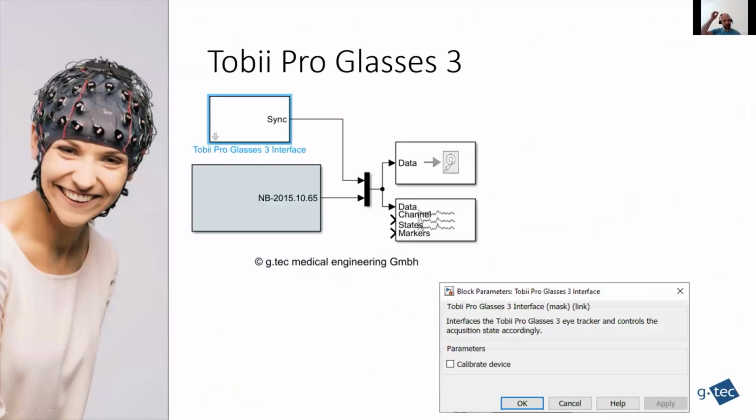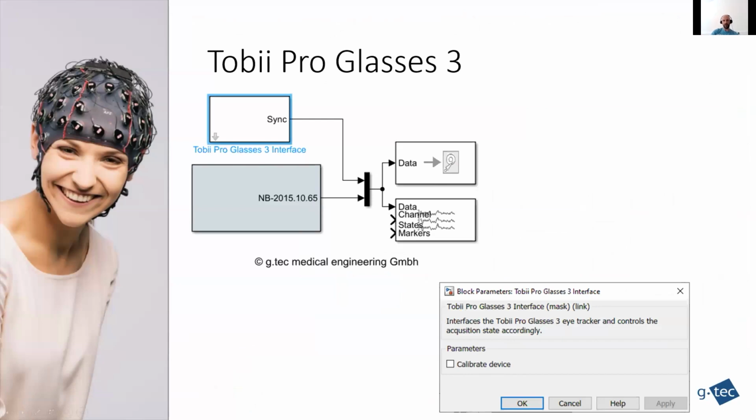The Tobii Pro Glasses 3 interface looks a bit different. For that we skipped basically all the information about the eye gaze and so on, because you have everything in the Tobii Pro Lab software. The only thing that you can configure here is if you want to calibrate the device for each start or not. Everything else basically stays the same.